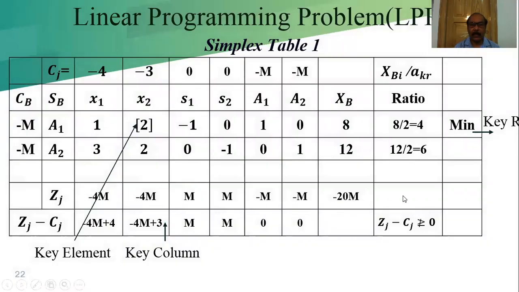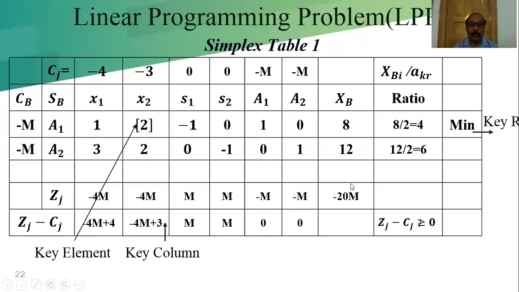Now this is the calculation of Zj. Easily we can find minus 4M corresponding to x1, minus 4M corresponding to x2, M corresponding to s1, M corresponding to s2, minus M corresponding to a1, minus M corresponding to a2. Now Zj minus Cj is minus 4M plus 4, minus 4M plus 3, M, M, 0, 0.